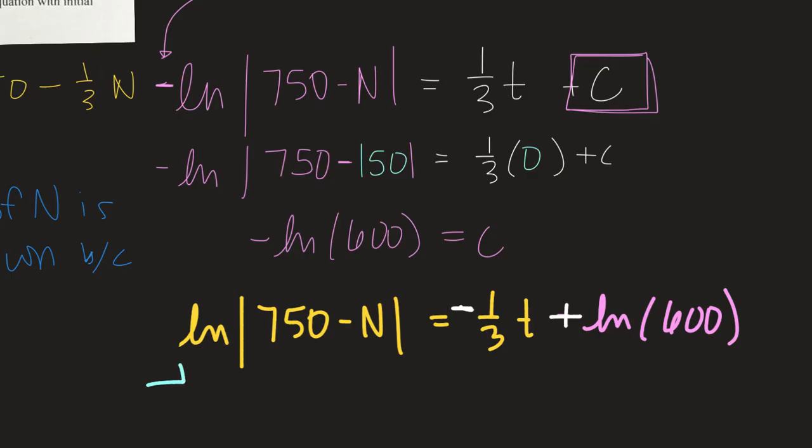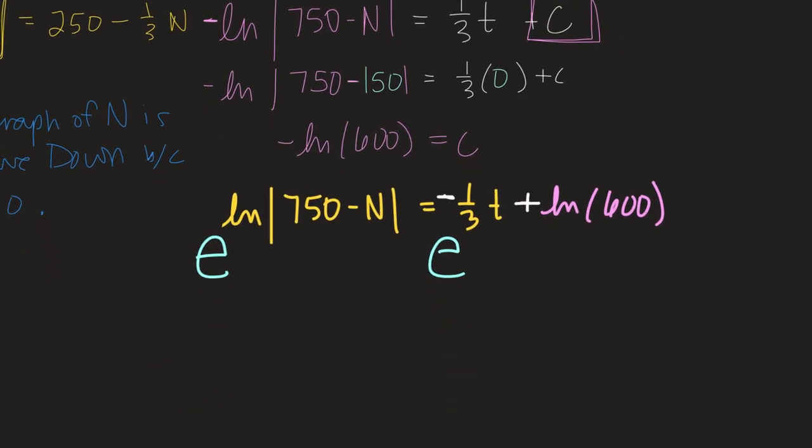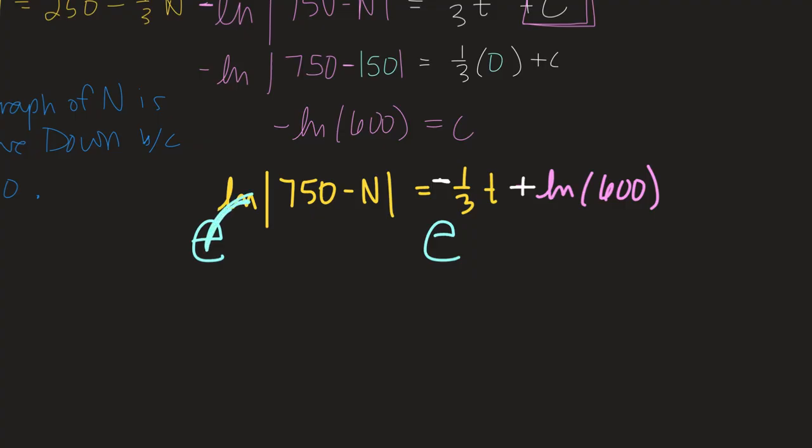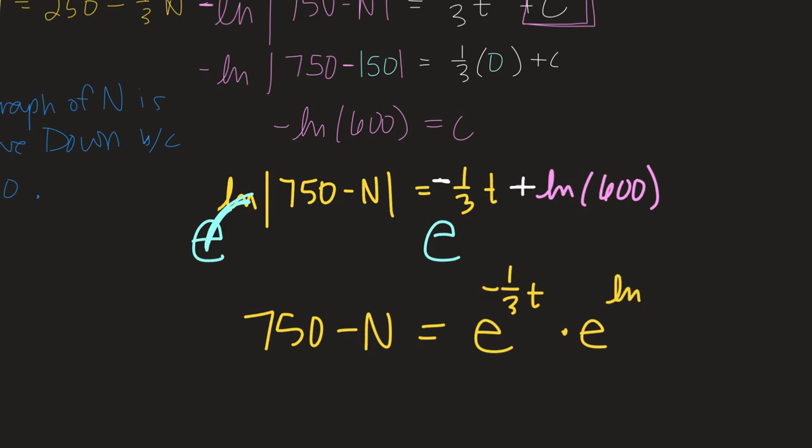So now we can exponentiate both sides. And of course the e and the natural log cancel out. 750 minus n equals e to the negative 1/3 t times e to the natural log of 600. So here, this becomes a 600 e to the negative 1/3 t.